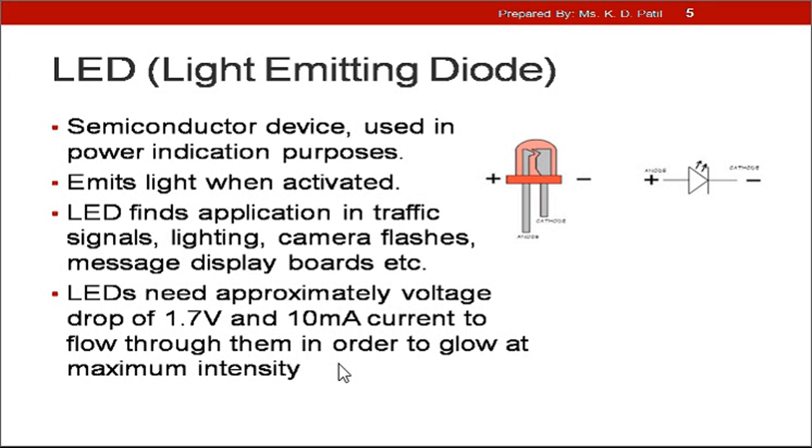One is current should flow through that LED to glow that LED. Second, a resistor should be connected in between the LED and the 8051 microcontroller because the 8051 microcontroller may emit a larger amount of current, and because of that the LED may get damaged. That's the reason a resistor is required to limit the flow of current.